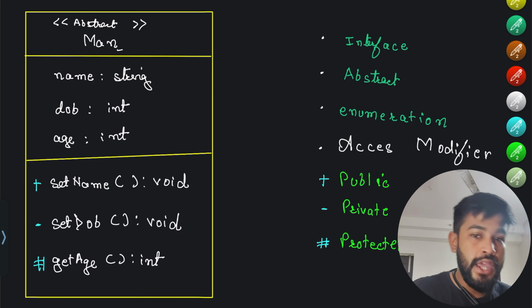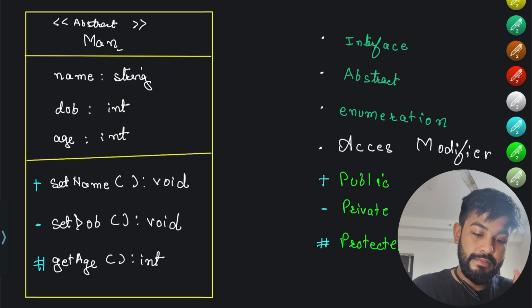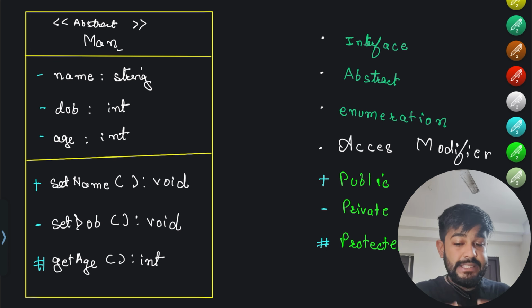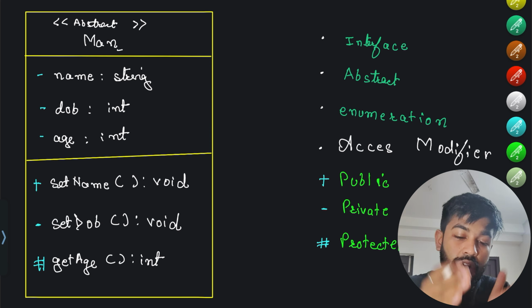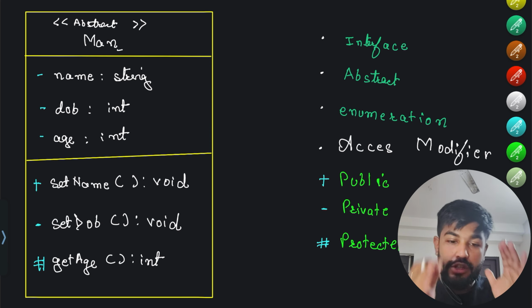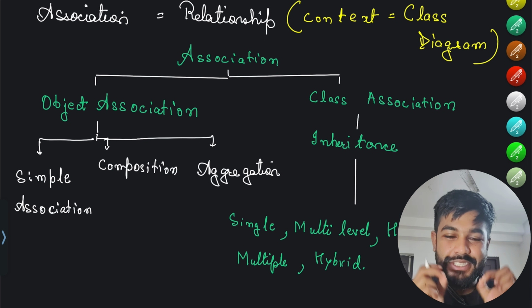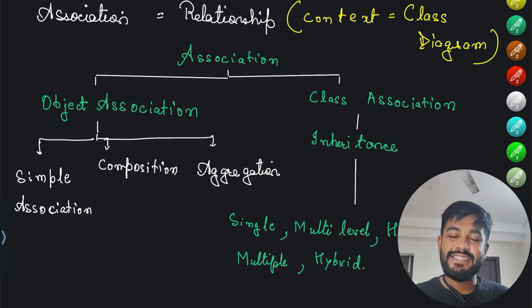And the same thing goes for the attributes also. We can have these attributes as private, then protected, whatever be the scenario. So this is how access modifiers, the different types of classes, the methods and the attributes are shown in a class. Now let's move to the most important thing in a class diagram, that is its relationship.